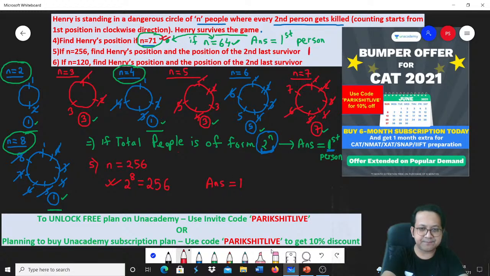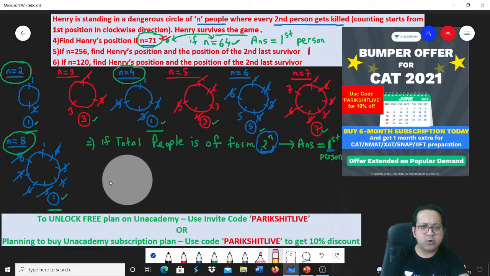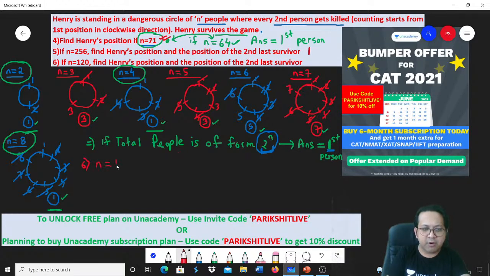Okay, number 6. N is equal to 120. Now, think about it. Is 120 of the format 2 to the power n? Can you have 2 to the power n equal to 120?